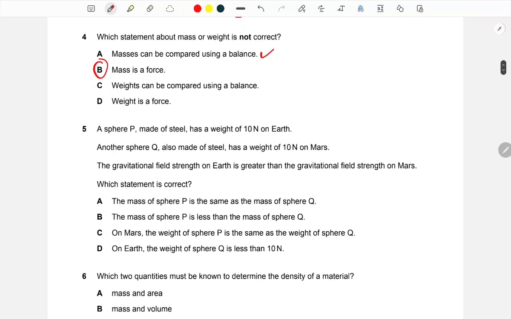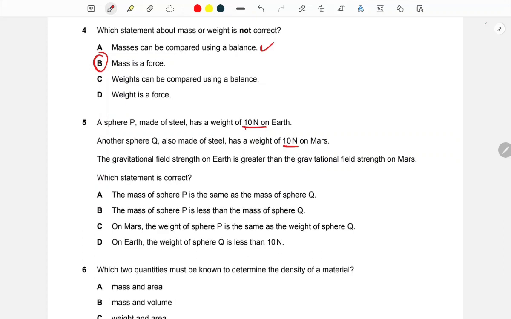Number 5. A sphere P made of steel has a weight of 10 newtons on Earth. Another sphere Q, also made of steel, has a weight of 10 newtons on Mars. The gravitational field strength on Earth is greater than the gravitational field strength on Mars, which is correct.